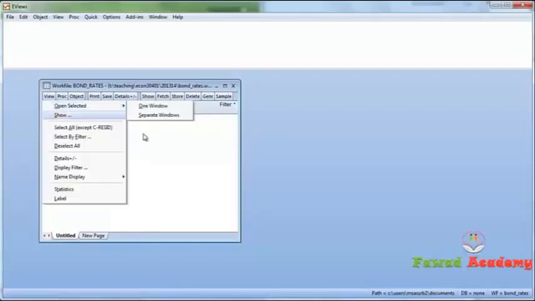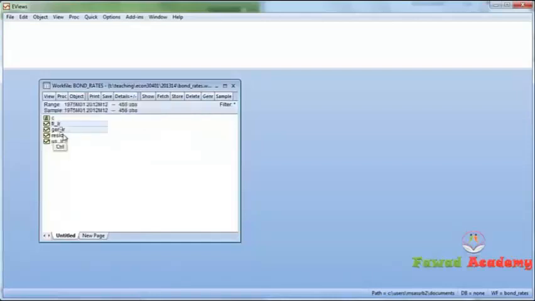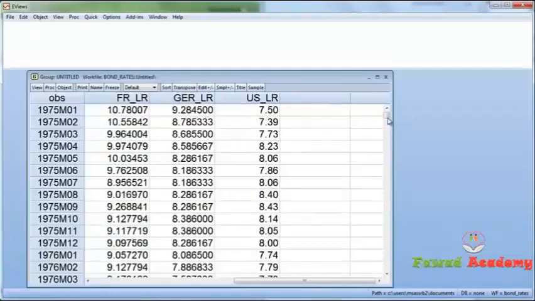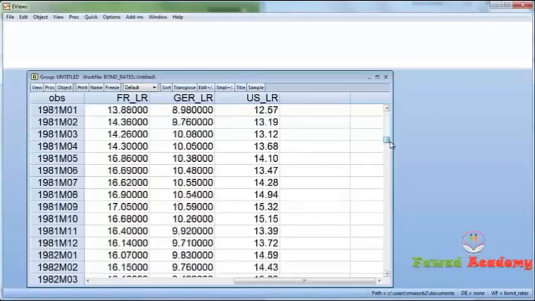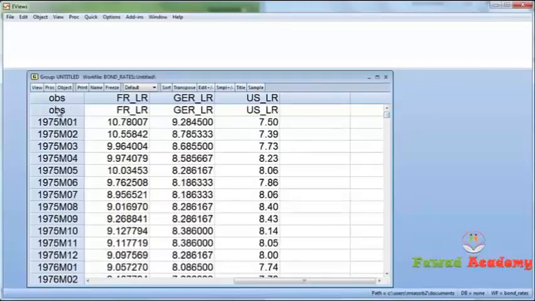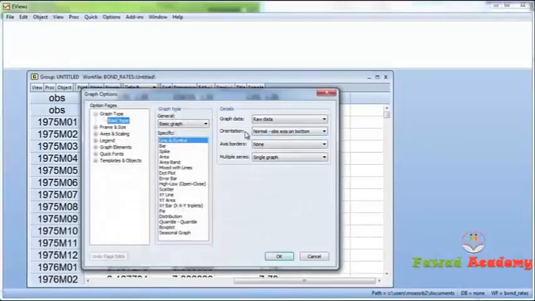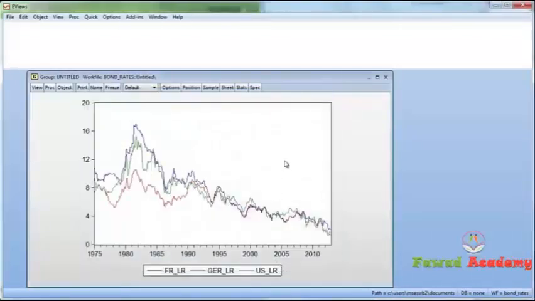So we open all of the 3 series as a group, and you can see these are interest rates expressed in percentage points. And let's have a quick look at the data. We'll have a line graph, we have multiple series, but we'll put them in one graph.